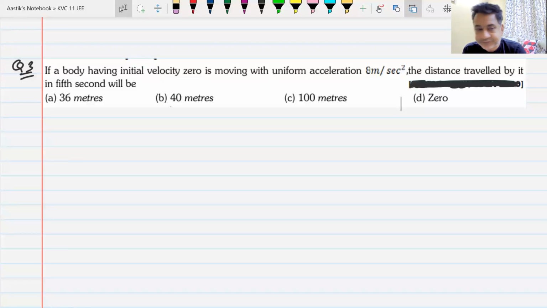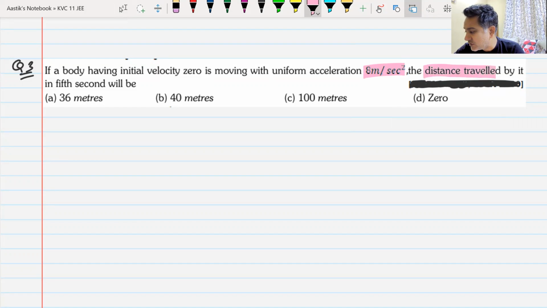Here it comes. A body having zero initial velocity is moving with a uniform acceleration of 8 meter per second square. The distance traveled, instead of distance traveled, you can also write it as displacement. Find the displacement of the particle in the fifth second.